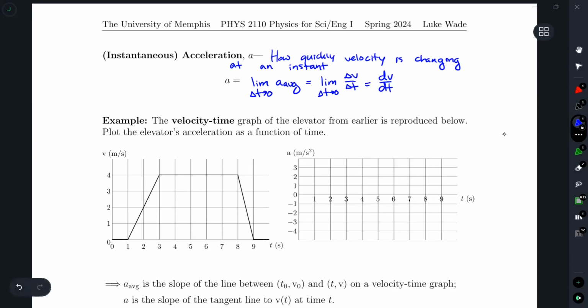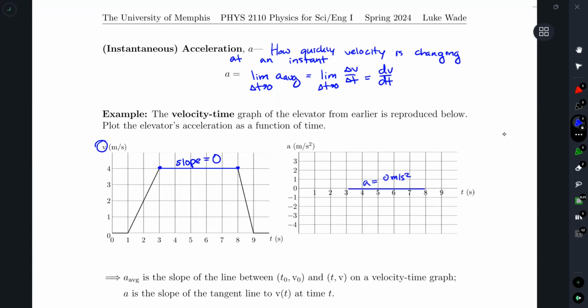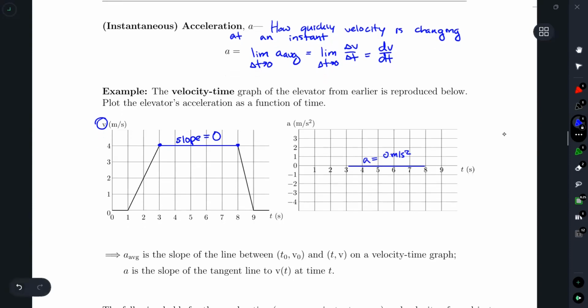So over this whole span, I see that my slope on my velocity time graph, so it is important that it's velocity time, not position time, my slope is 0. And so my acceleration is 0. All right, where else? 0 to 1 seconds.